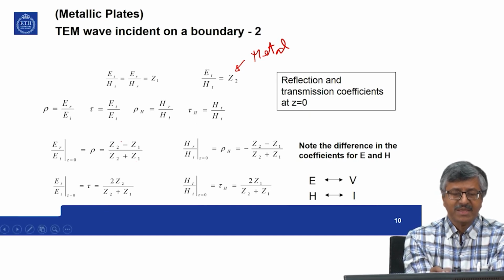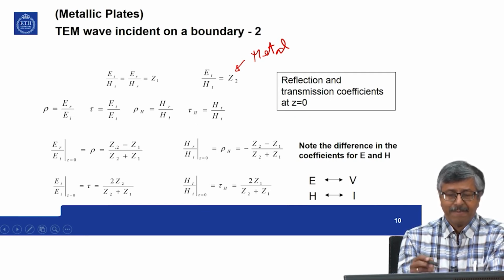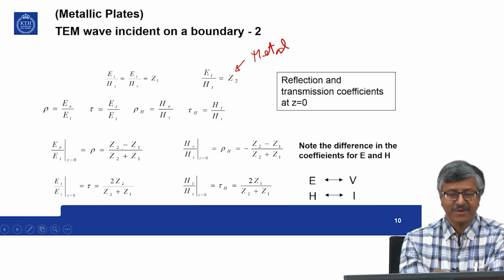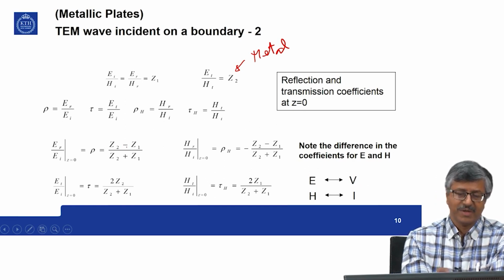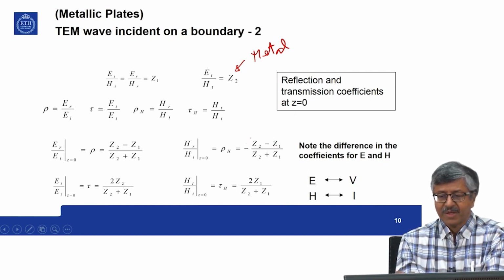Already you can see that since Z2 in metal is extremely small, this is a negative number, and this will be very close to 1 also. So, this will be very close to negative 1, but not fully like that. Now, for the magnetic field it is negative of this coefficient, difference divided by sum.